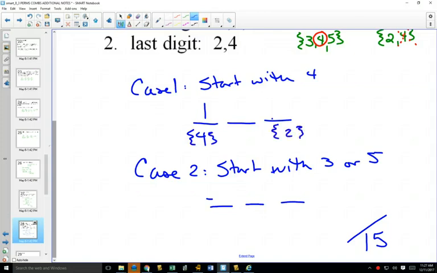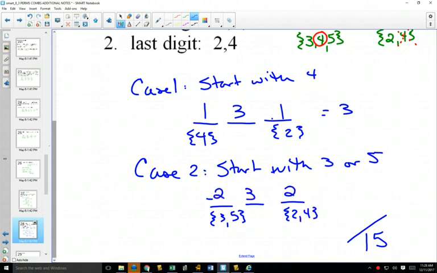This has to be a 2 then, 1 choice there, and 3 numbers left, 3. And here, I have a 3 or a 5. Is it wrong if you decided to do 3 cases and start with 4, start with 3, start with 5? No. It would have worked out to be exactly the same, but this is a little bit quicker. I have 2 choices here, 2 or 4, and 3 in the middle. For 12, does it still add up to 15?